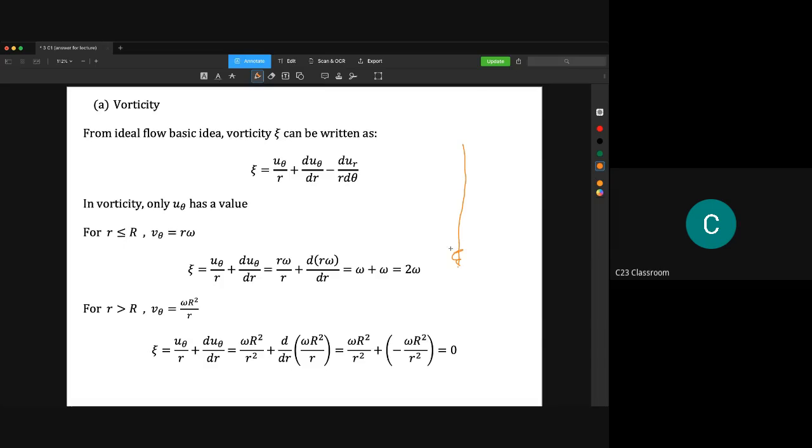Inside the tornado, this is the capital R, and this is the shape of the tornado, for example. Now when r is bigger than capital R, you are evaluating here. At this region, there are no forces to spin you according to the wind. So the vorticity means the capability of that fluid to move in circular motion.